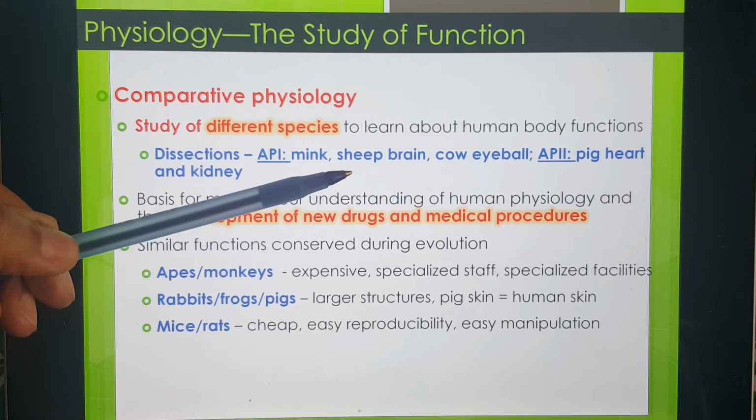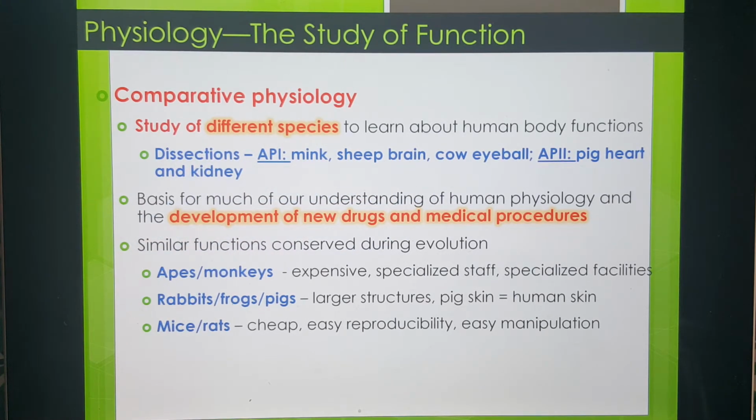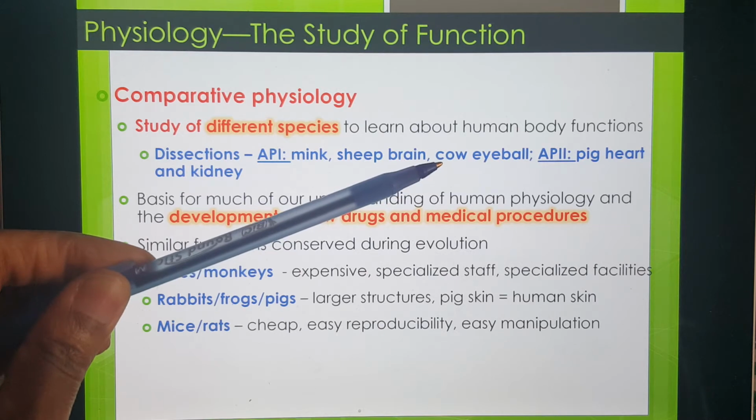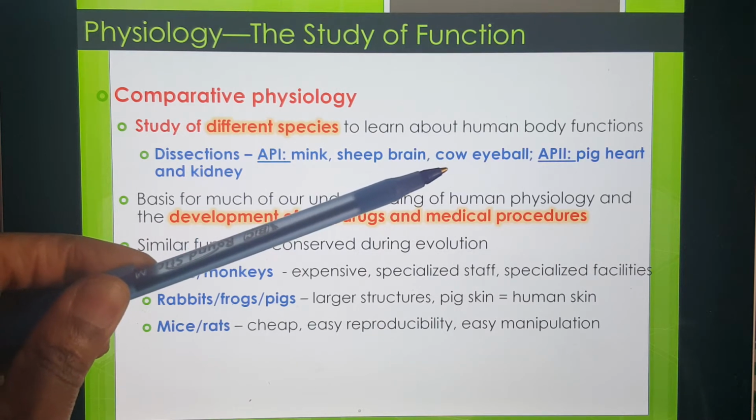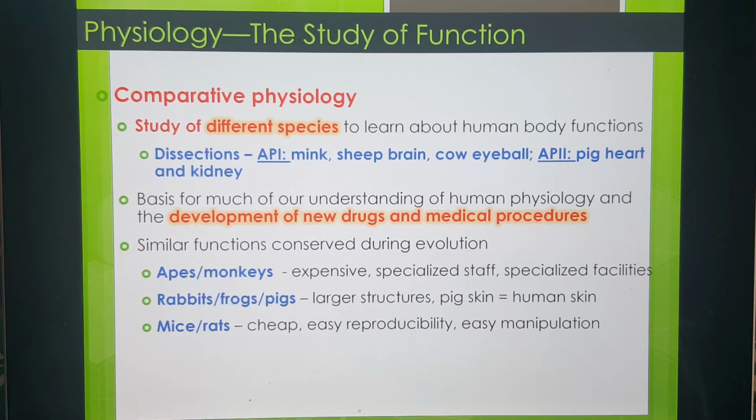I mention those animals in case, for religious reasons, you might not be able to use the cow eyeball. We will have sheep alternatives, hopefully; we usually do. For AP2, you'll dissect a pig heart as well as a kidney. We're able to do this because the structures are very similar.